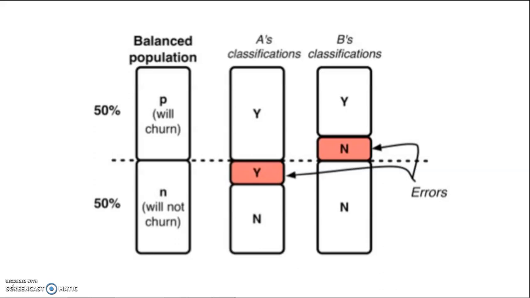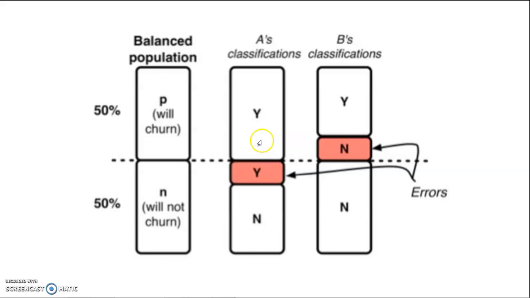Here we can see that algorithm A is better at predicting positive classes, because it is able to predict all of the positive classes, all the possible churners.